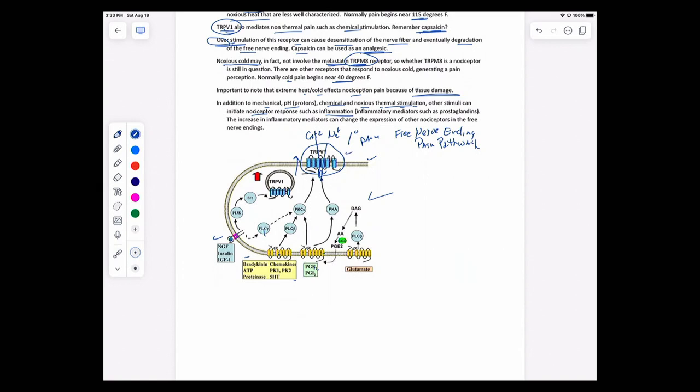So the nature of the TRPV1 and the number of the TRPV1 receptors in the free nerve ending is under the control of the cell biology of that primary sensory neuron that is associated with the pain pathway. So here's my focus that I want to draw you to. And that is when you have an inflammatory process, one of the major players are prostaglandins. And so here is a prostaglandin there.